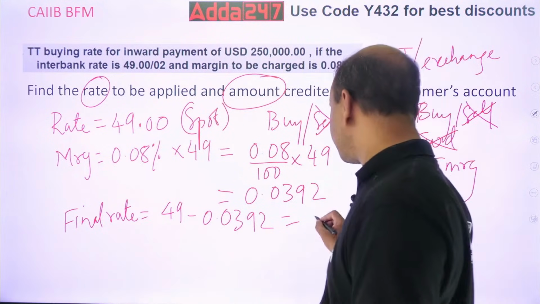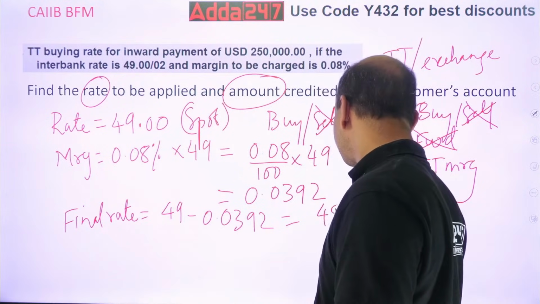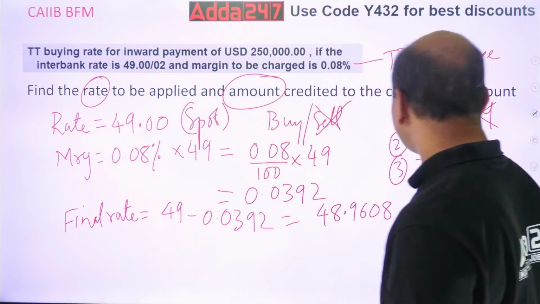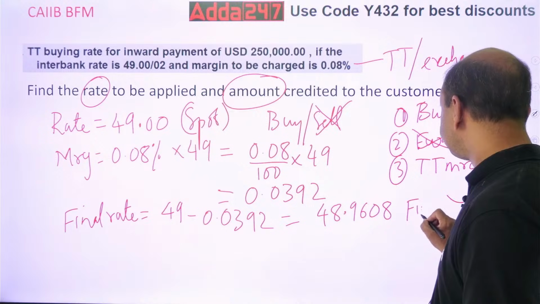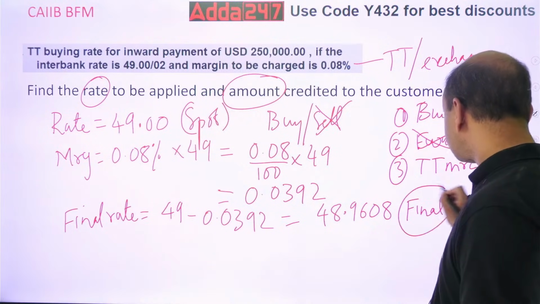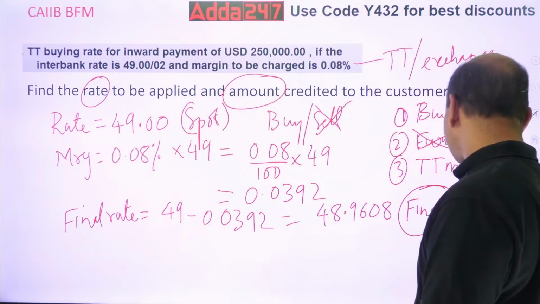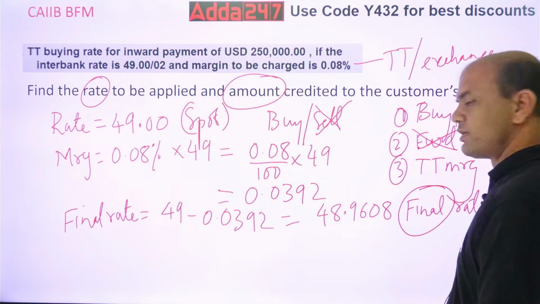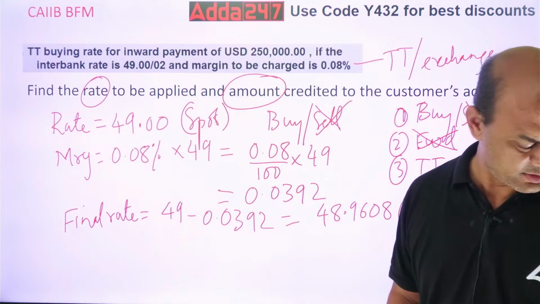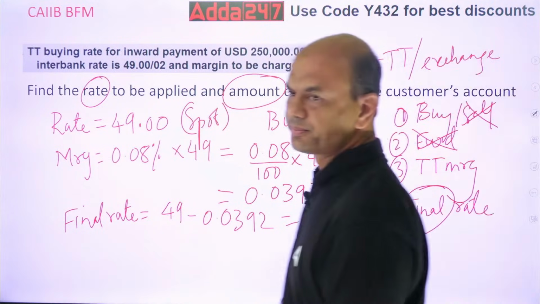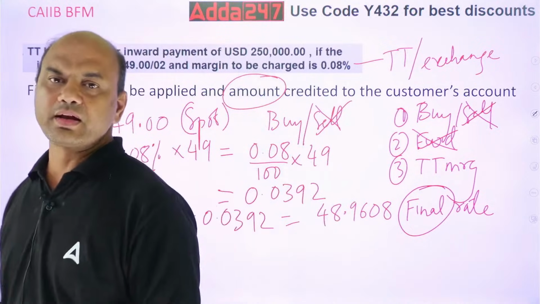Are you getting this? 48.9608. This is your final answer. Final. This is for the rate only. Kindly note this. Getting it? Final rate is this.